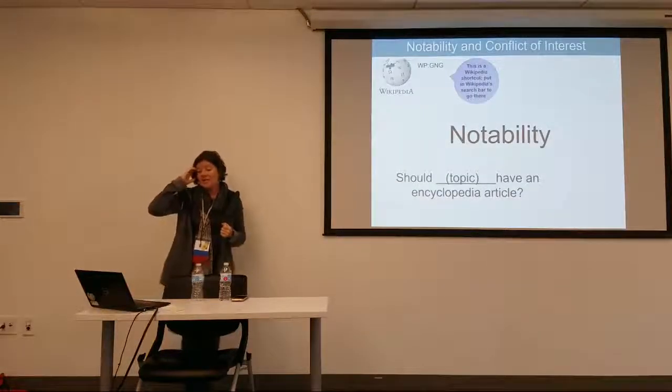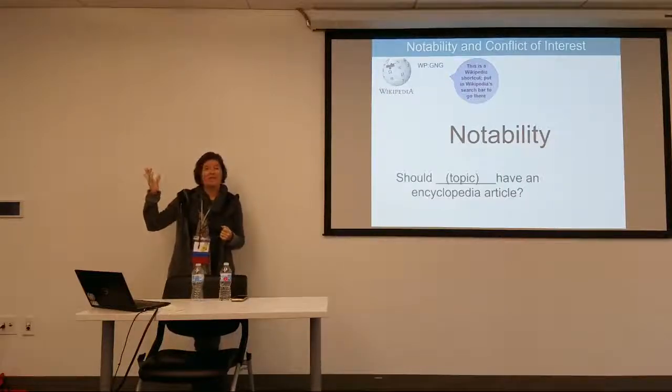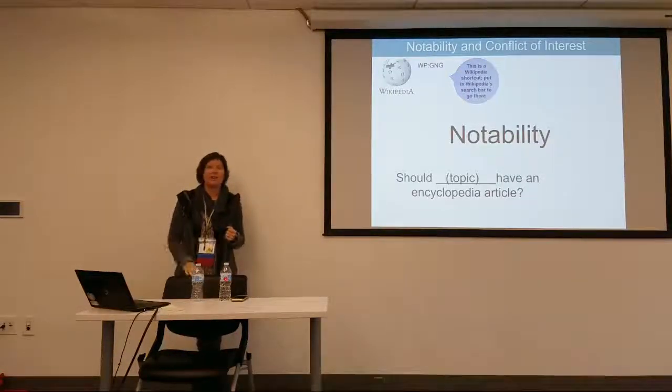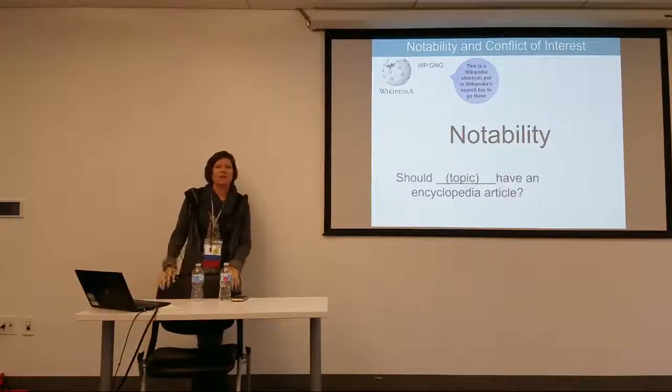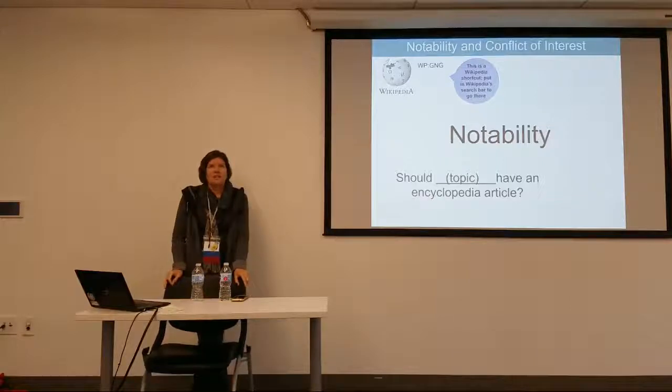So the first thing is, is this topic notable? Is this worthy of having an encyclopedia article? I think probably many of you saw the woman who won the Nobel Prize for physics. She's literally 45 minutes from me.